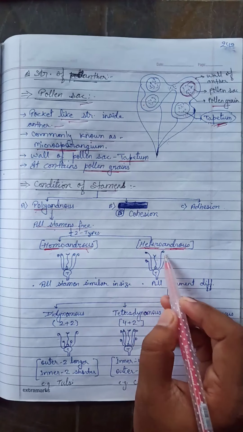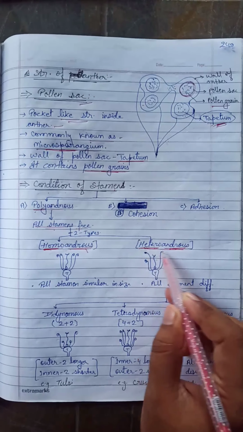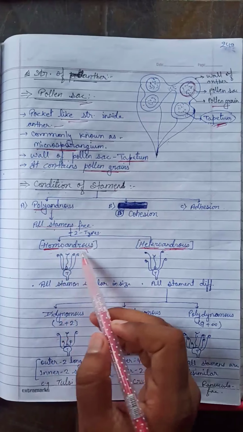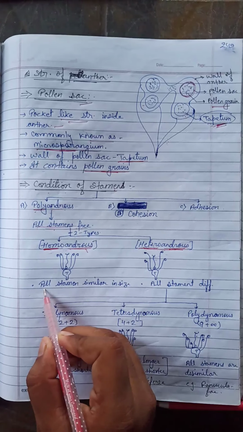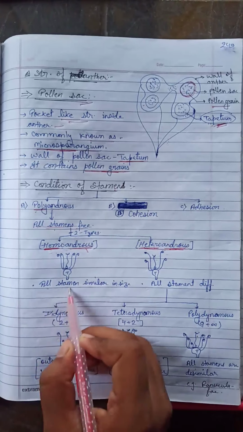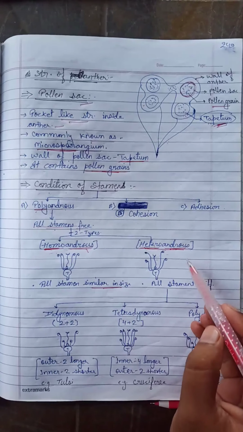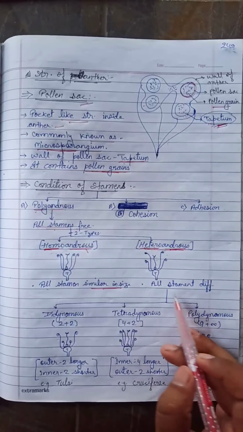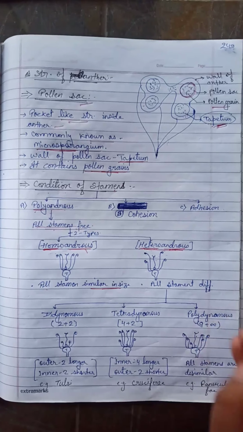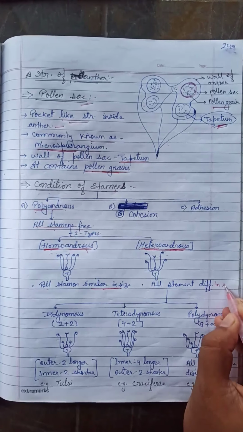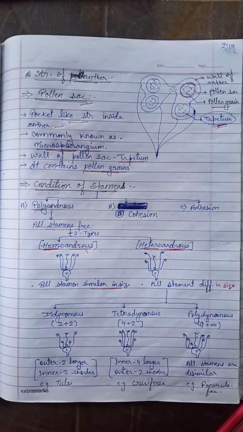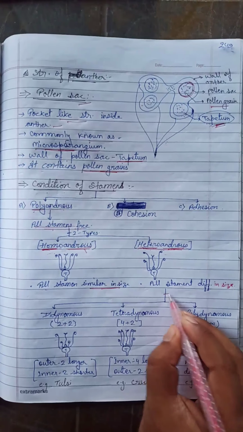Different stamens present in a flower are called heteroandrous. Look at homoandrous once again. I told you homoandrous means all stamens are similar in size, whereas for heteroandrous all stamens are different in size. Clear? Now it is also divided into three types.